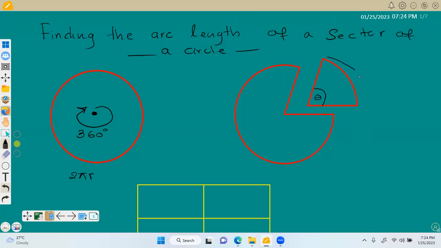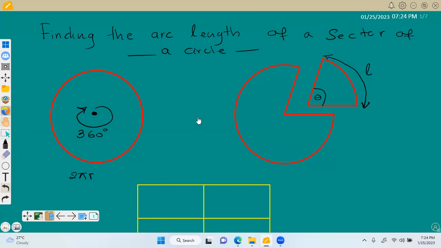But now we need to know what is the length which corresponds to the theta degree angle. If I take the arc length as L, let's see what the value will be.